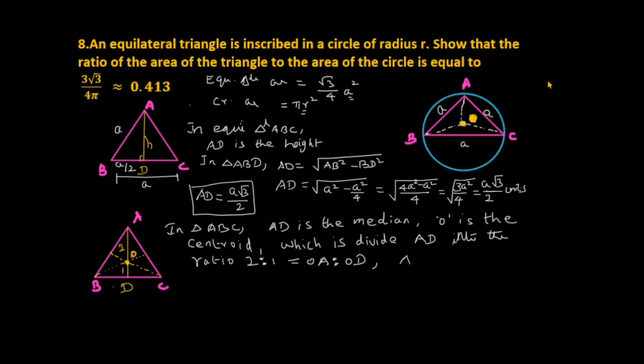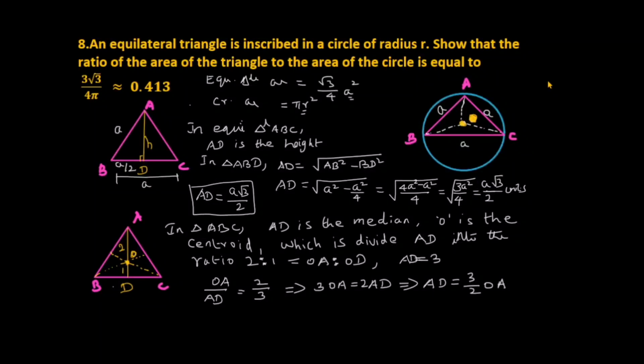So AD totally consists of three parts. In that, OA by AD is 2/3. Cross multiplying, 3 OA is equal to 2 AD. So if you want to find AD, it is 3/2 OA.